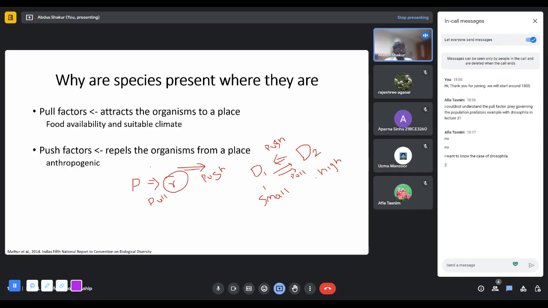Since D2 is kind of driving D1 out of their area, you can call it a push factor, because D2 is pushing it out. Since D1 is pulling D2 inside, wherever D1 is present, D2 tends to come. If D2 tends to come, we can call it a pull factor. It's bringing D2 into that area.